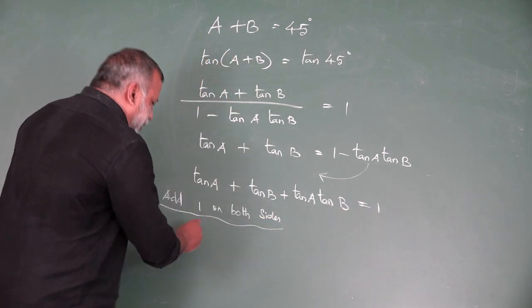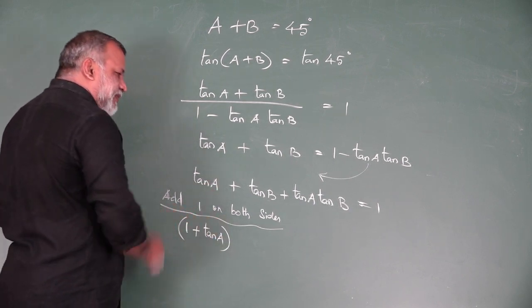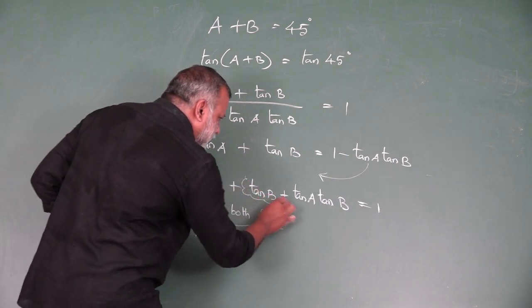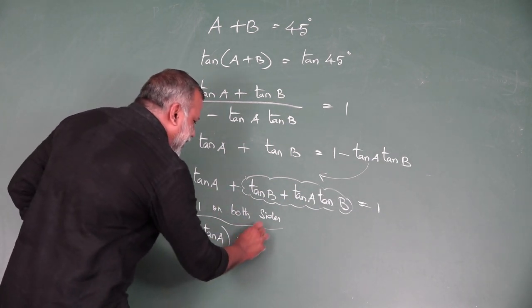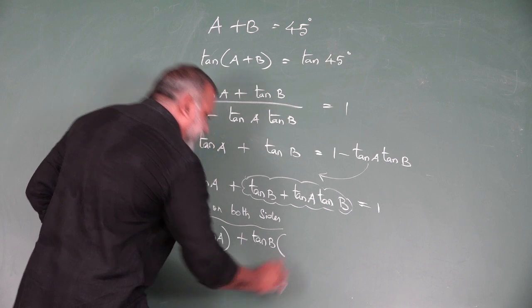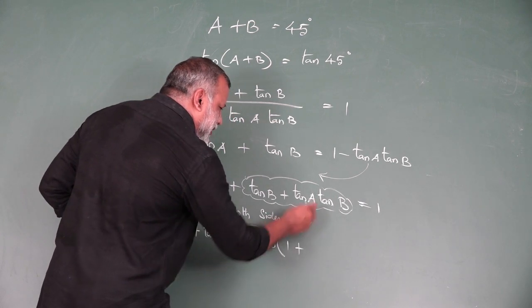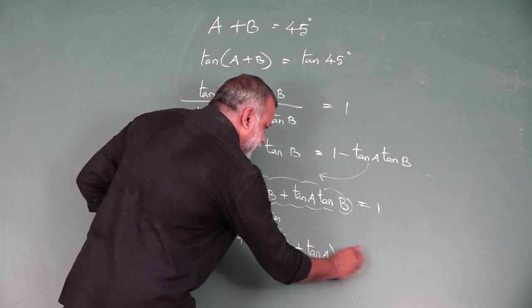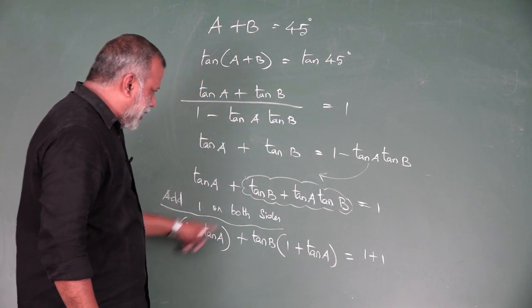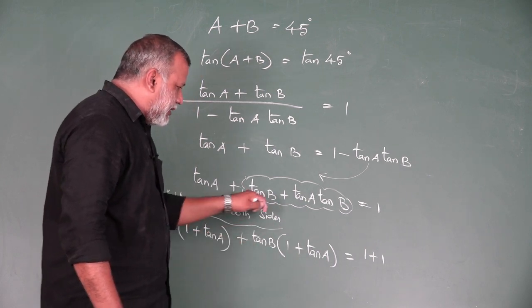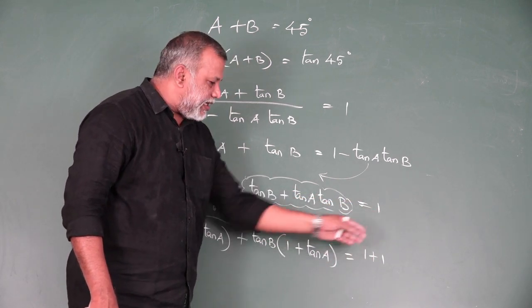So in your LHS, I am adding 1, plus already we are having tan A. Keep this as the first factor. See these two elements, tan B and tan A tan B. In this, we are able to take tan B as common. If you take out tan B, the remaining is 1 plus tan A. In your RHS already 1, again adding 1, so we get 1 plus 1.